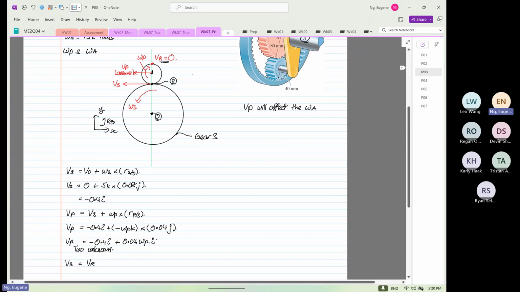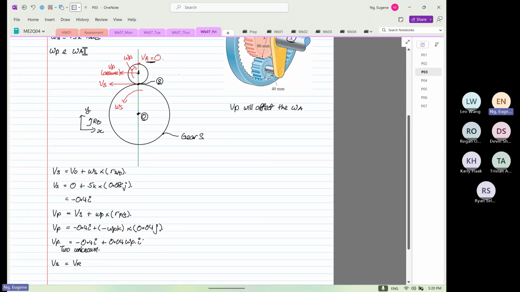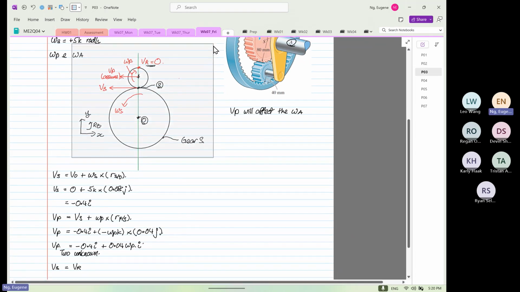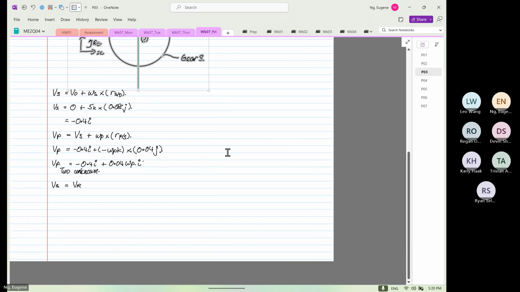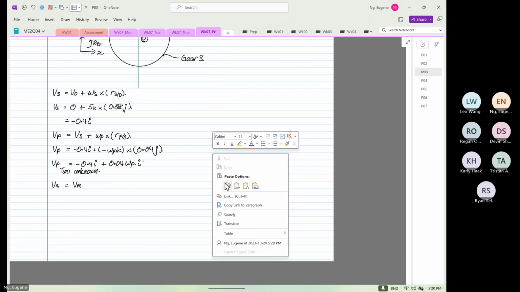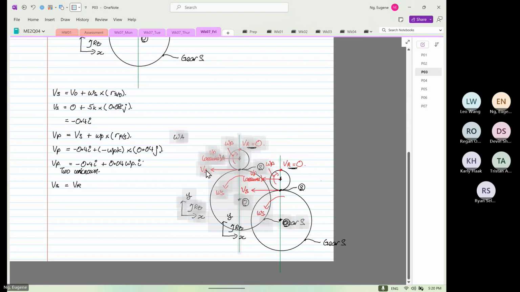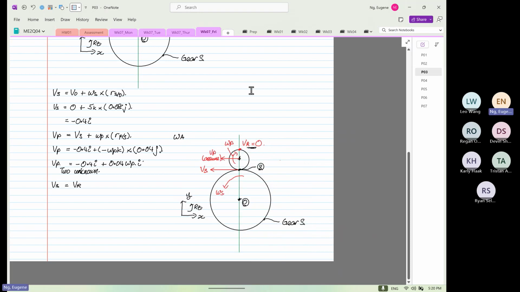So I'm going to copy this, not zooming, so it doesn't give you a headache and confuse you and confuse me. Right, better now.